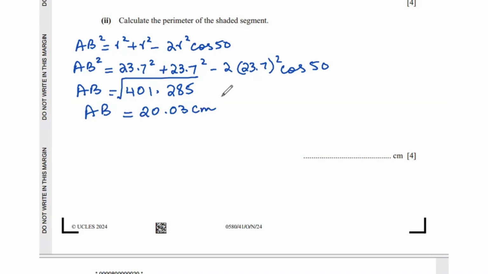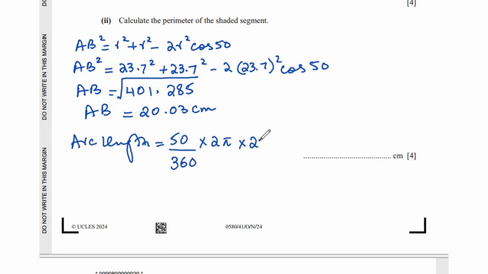Now for the arc length, we're going to do 50 over 360 times 2 pi, and R is 23.7. That gives us 20.68 centimeters.